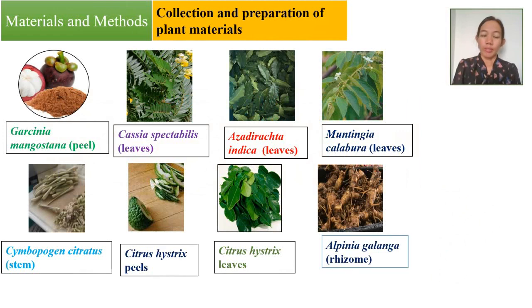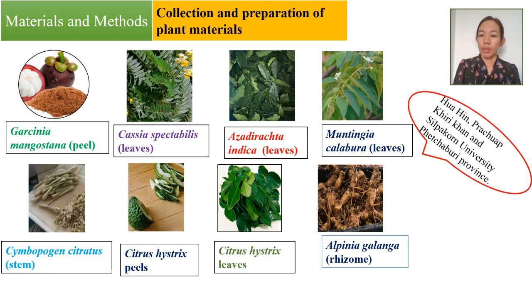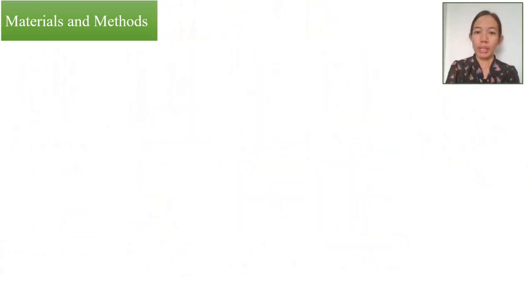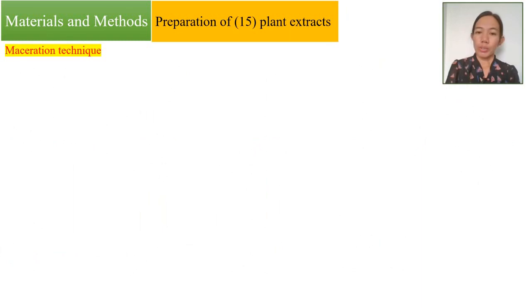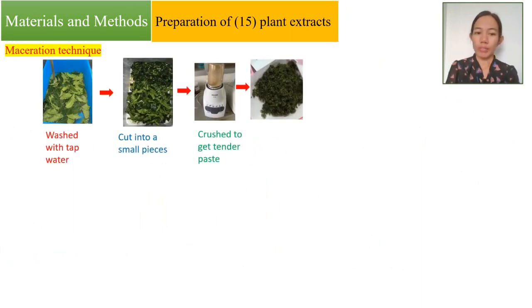Firstly, 8 kinds of plant materials such as lemongrass, neem leaf, and galanga rhizome were collected from Wahin, Fakrakirika and around Silpakorn University, Phetchaburi. After that, 50 kinds of plant extracts, fresh and dry, were prepared by the maceration technique as shown in the figure.